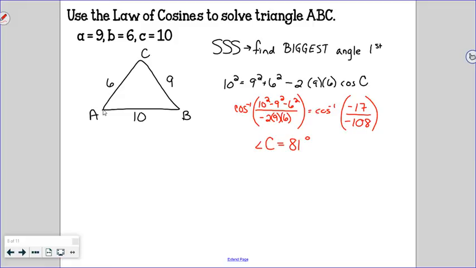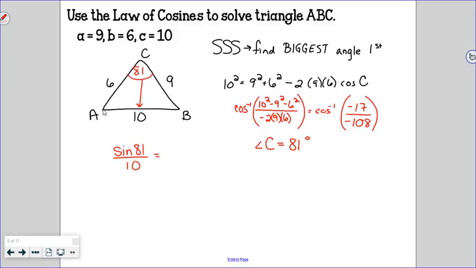All right, after we do that one, that means I now have my minimum requirement to do my law of sines, right? I now know an angle across from a side. So you are, at this point, welcome to flip to law of sines, because I can use that sine of 81 over 10 to solve for anything else in this triangle. And if you like law of sines better, please do that.